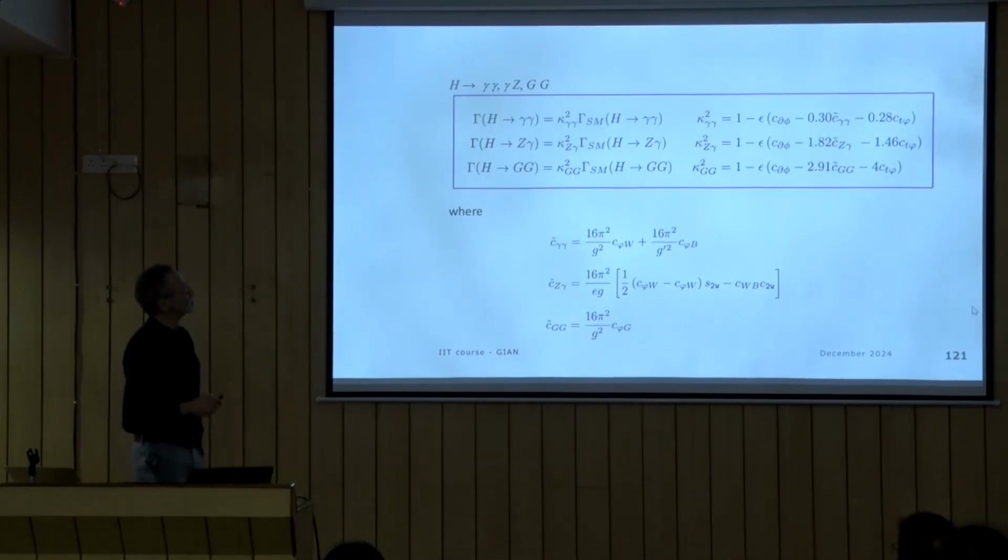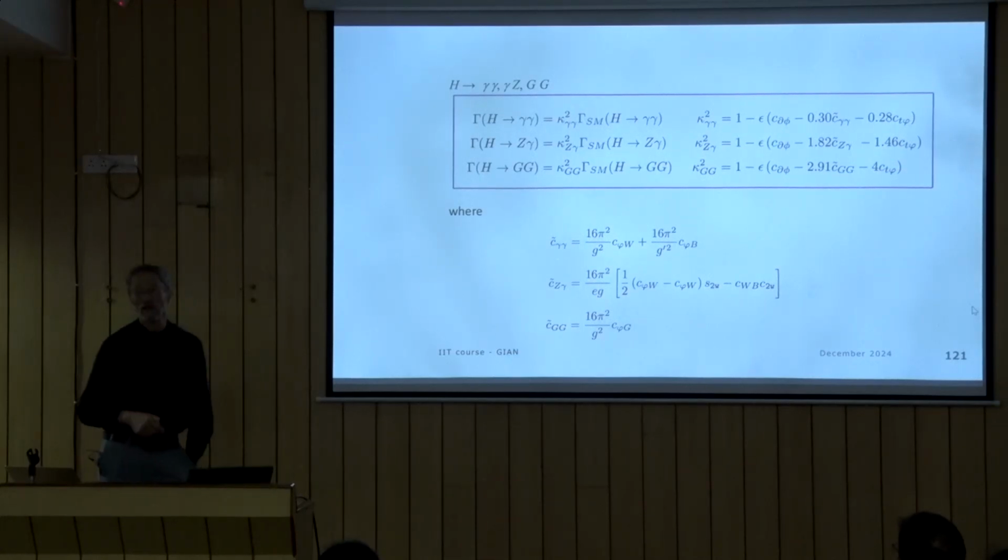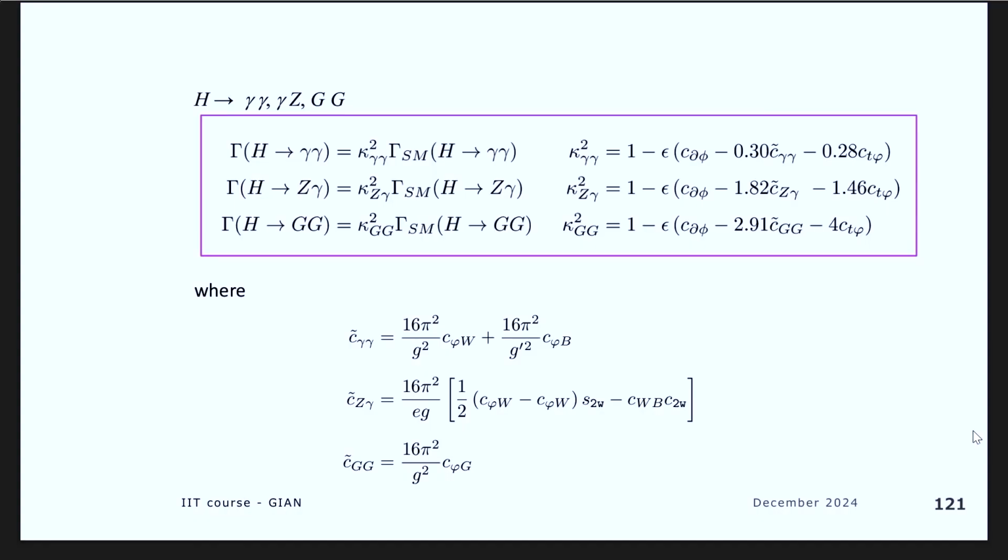It's an interference term because all these things will be proportional to epsilon. Epsilon goes like 1 over lambda squared, and that has to come from the cross term between the standard model and the effective theory. And here you have these guys.